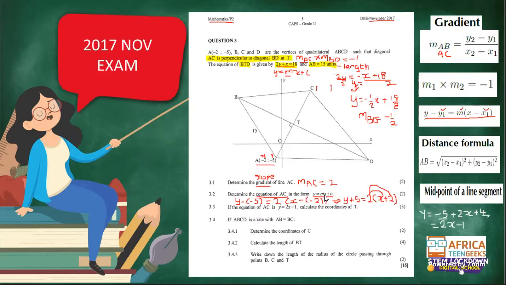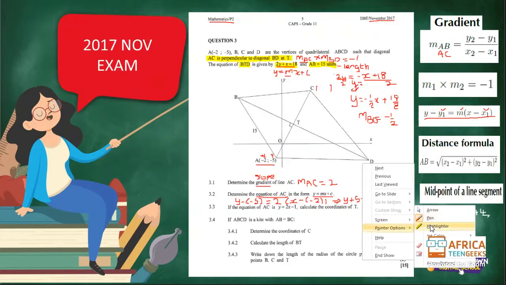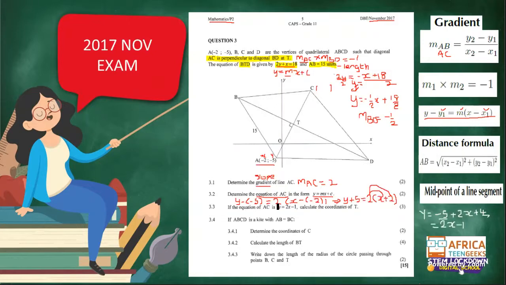So remember that you should write your equation in terms of y equals mx plus c. But what's interesting is that you were actually given the answer for AC in your question, which is what happens in most papers. Can you see that?